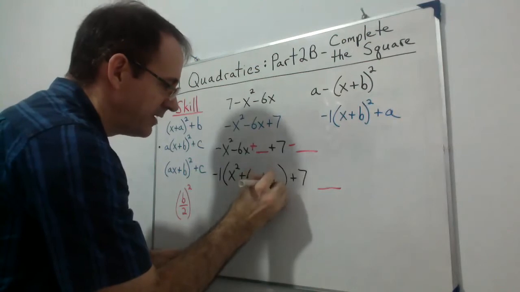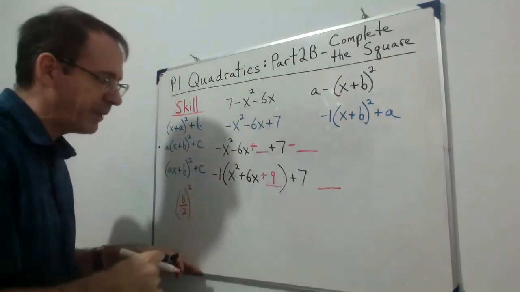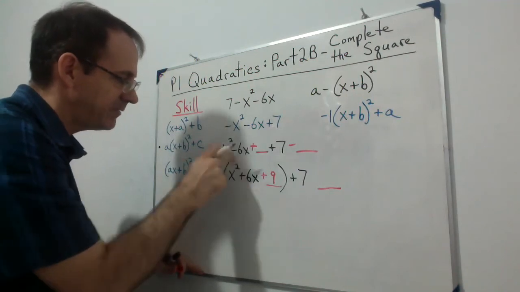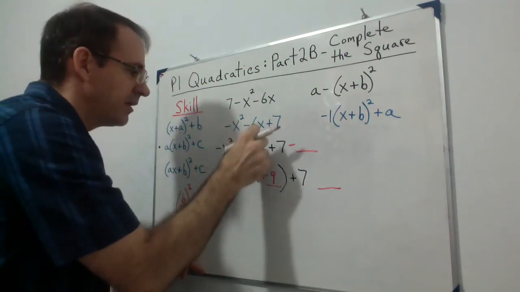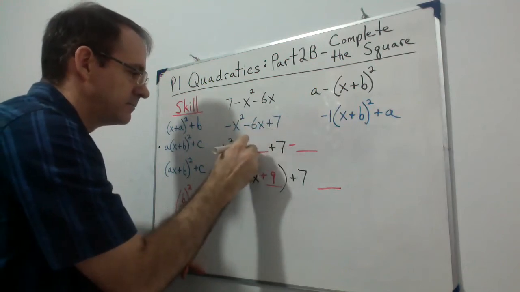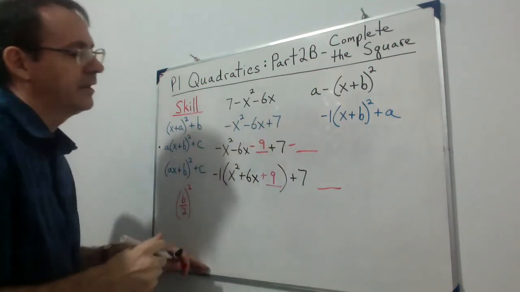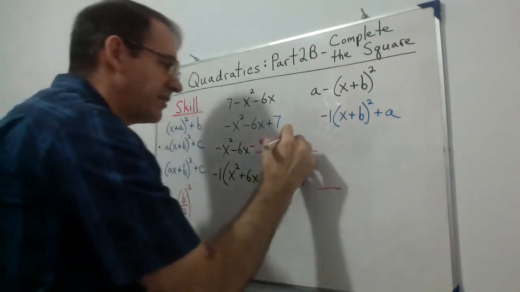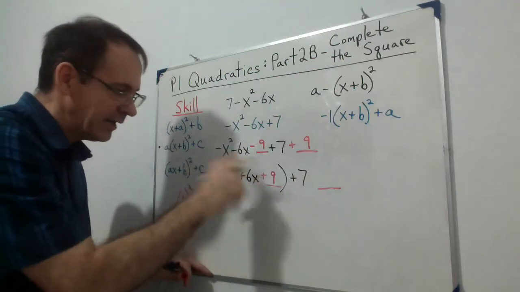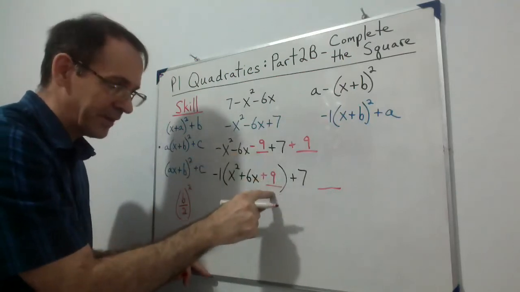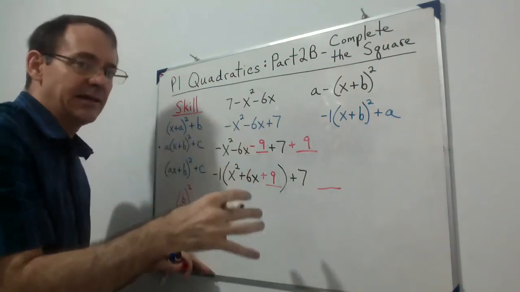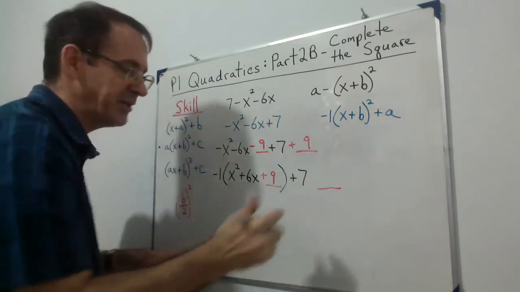We have a +9. Well, when we expand backwards, we get a -x², a -6x, and this becomes a -9. Which means to equalize it, we actually need to add 9. This -1 distributes to it, making it a -9 is what we actually put into our expression.